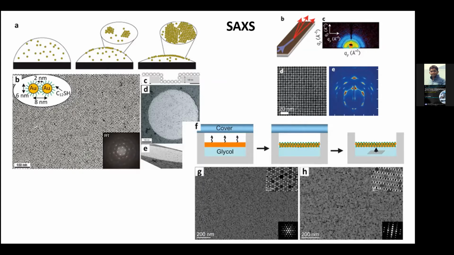Initially they stay in a random way. Then when it's slowly evaporated, they slowly come close together. And once they come close, you can say it's aggregated, but in a highly dispersed form. You can see it forms a very monodispersed film, and there is no defect.